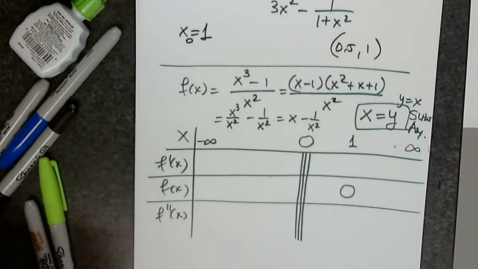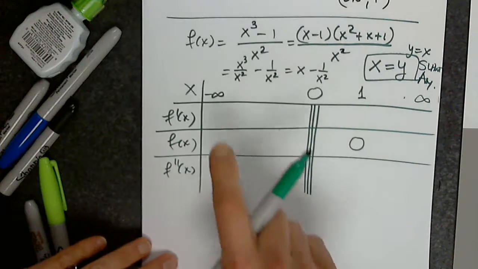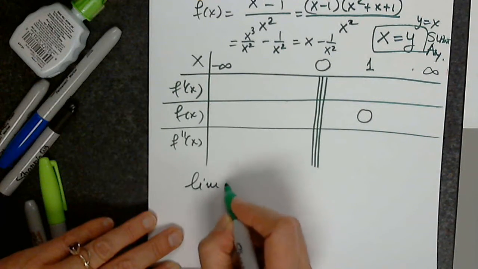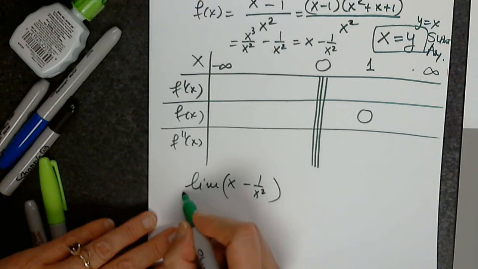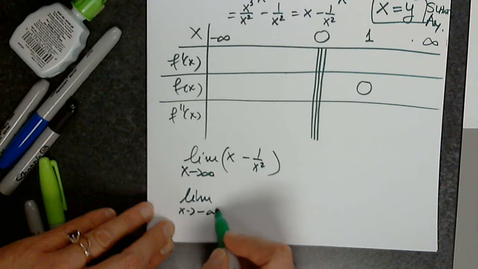Now, how do I graph y equals x? Does it have a positive slope, or a negative slope? If it has a positive slope, the function will follow the asymptote. So the limit at negative infinity will be negative infinity, and the limit at positive infinity will be positive infinity. But it's easier if you apply the limit to this: the limit of x minus 1 over x squared as x approaches infinity, and as x goes to negative infinity.